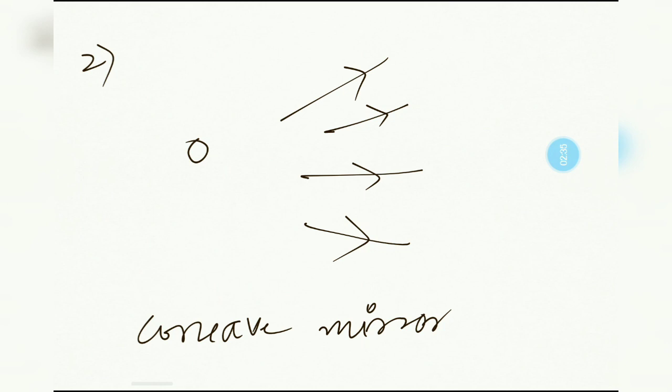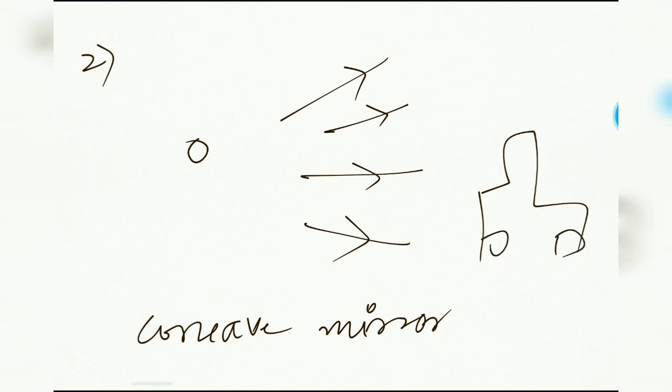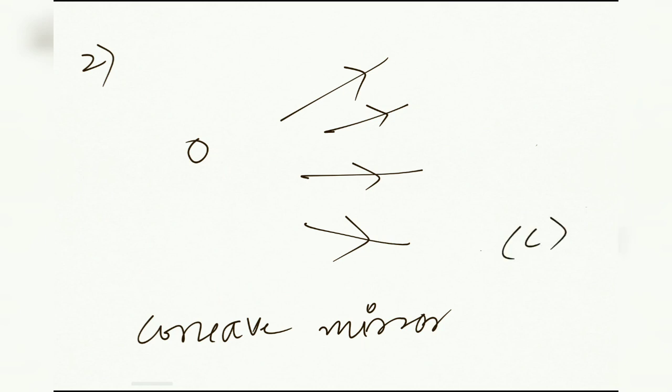That is why it is also placed in car headlights. You know headlights, right? The front part of the car will have some lights. There also it is used in order to get large parallel beams of light, even from a small LED. So concave mirror is the answer and C is the option.